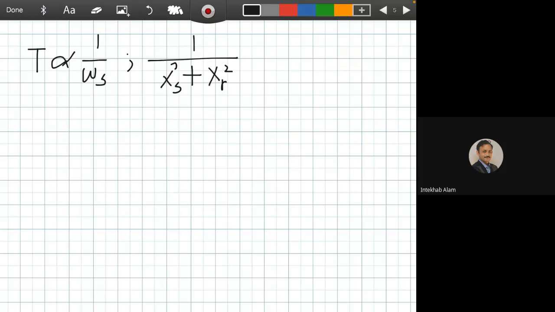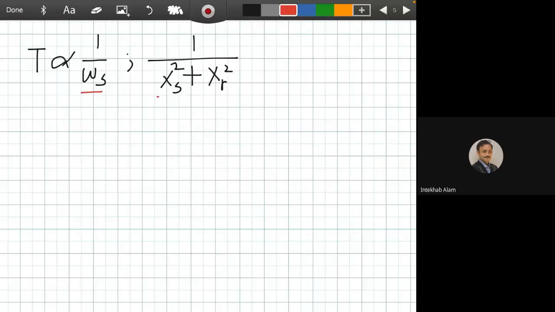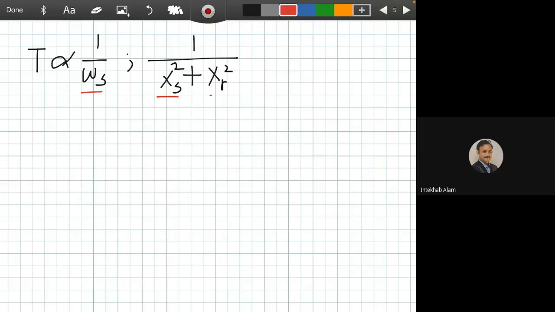So what should be the value? We have 2 points: one is omega s and the other is xs and xr. So torque is inversely proportional to the frequency. If we reduce the frequency 5 times, torque will increase 5 times.